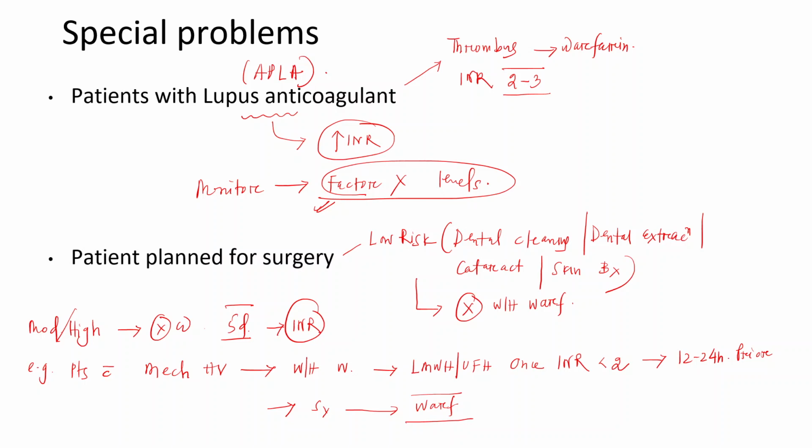If it is a moderate to high risk procedure but there is also a high risk of thrombosis, like in patients with a mechanical heart valve, we withhold warfarin, and once the INR is subtherapeutic, that is less than 2, you start parenteral anticoagulants, low molecular weight heparin or unfractionated heparin. Continue them till the surgery, but we have to stop this heparin also 12 to 24 hours prior to surgery. And once surgery is done and hemostasis is achieved, we can again start warfarin.